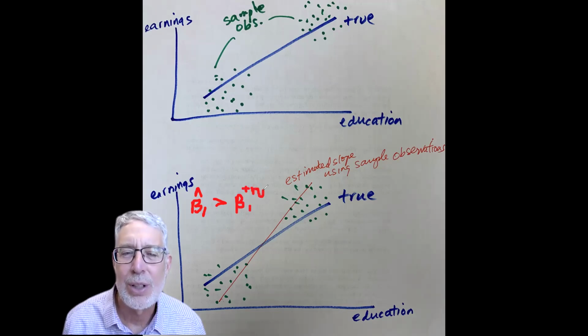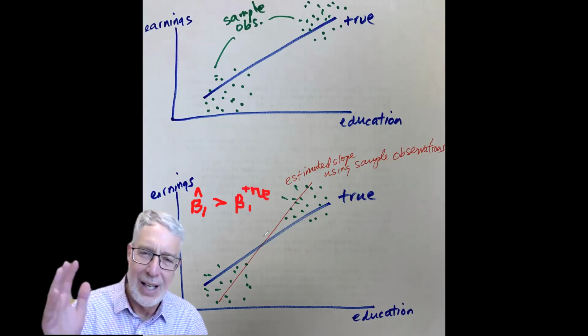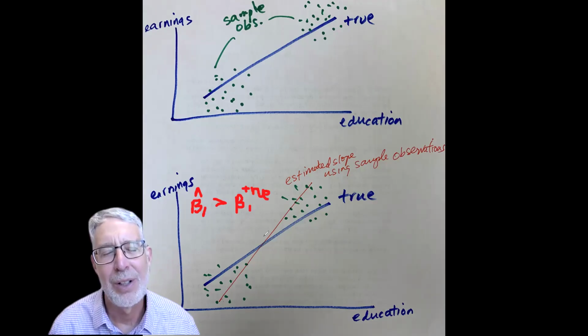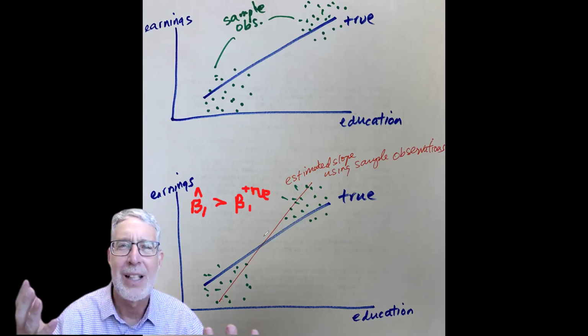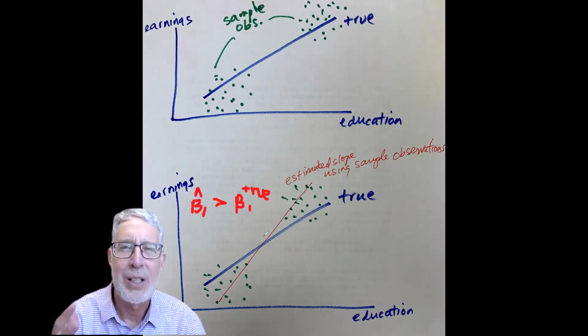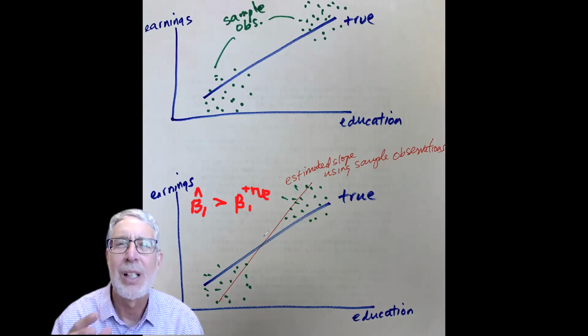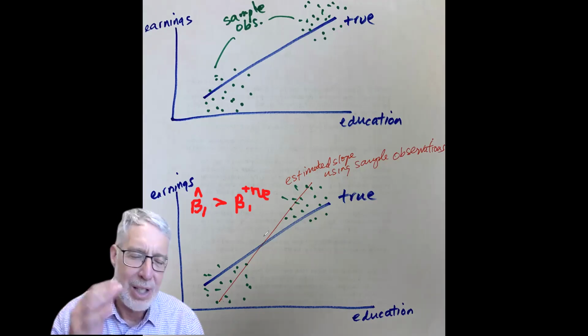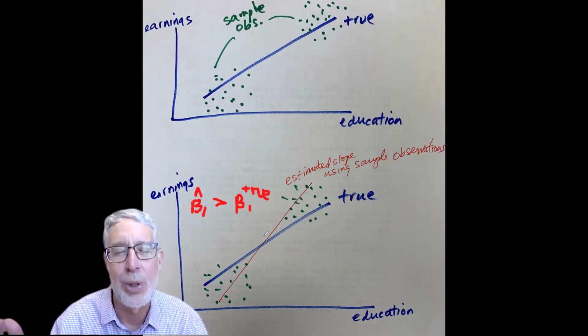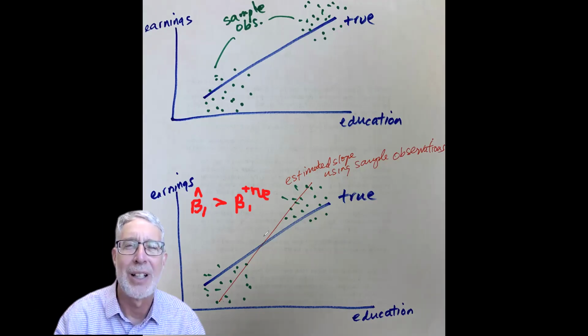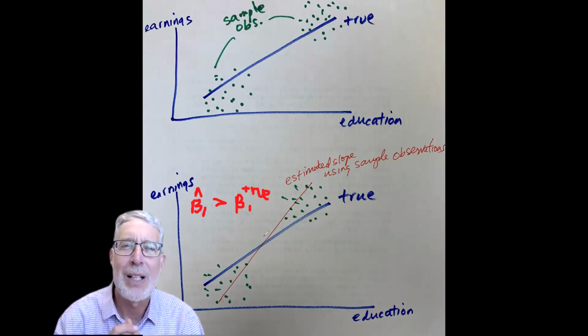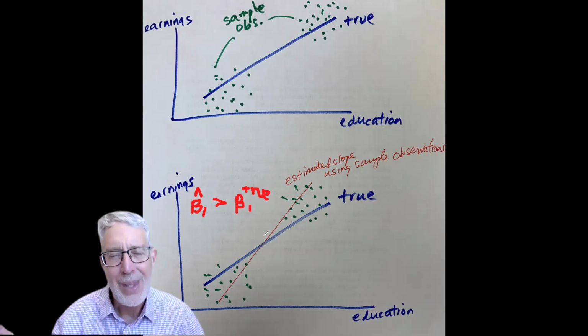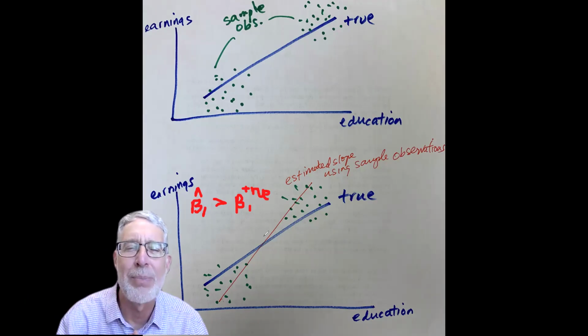So on average, this is the language I like to use, it's going to look like education has a big effect on earnings, but really that's not the case. People with low education, it isn't that they're earning less because of their low education. It's that people with low education are really earning less because they're smoking a lot of pot, and that's why they're earning less, right? It's not so much the low education.